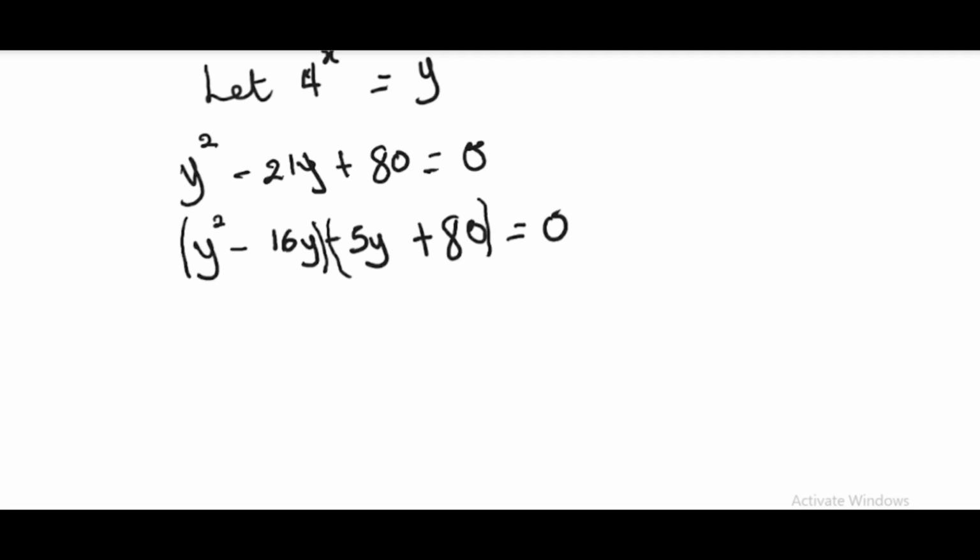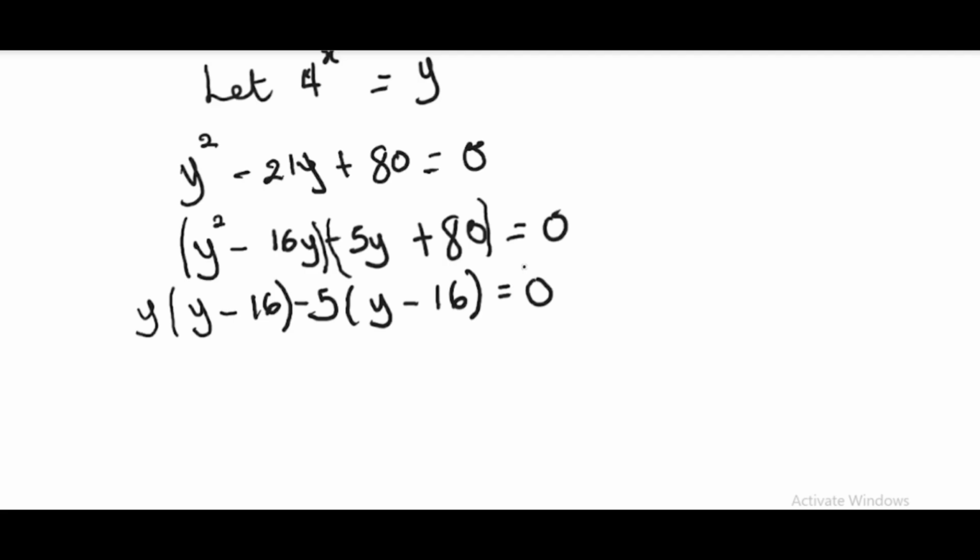So in the first bracket, y is common. So if you bring out y, what do you have left? You have y minus 16. So we bring out minus and then 5 is also common. So what do we have left? We also have y minus 16 equals 0.